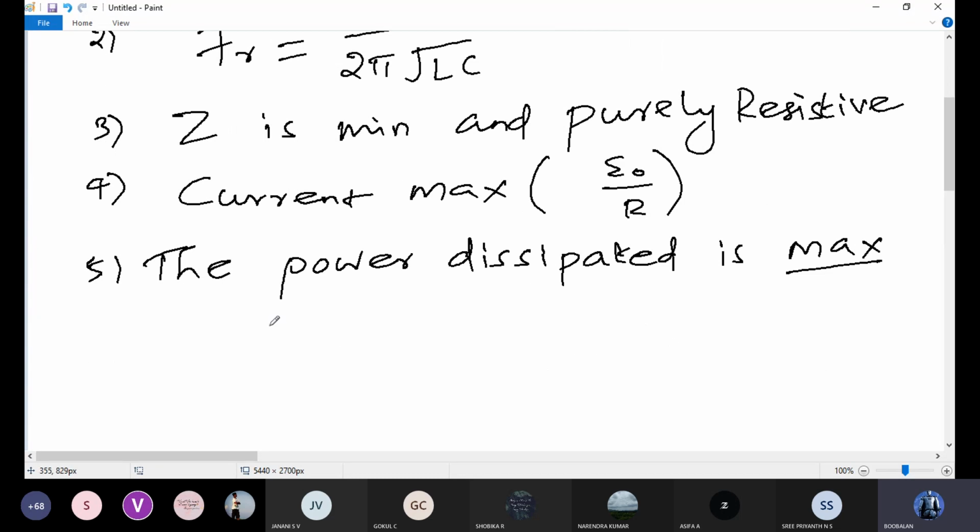Now one more thing, in this the power is equal to E square RMS divided by capital R. So power dissipated is maximum, the power is equal to E square RMS divided by R.